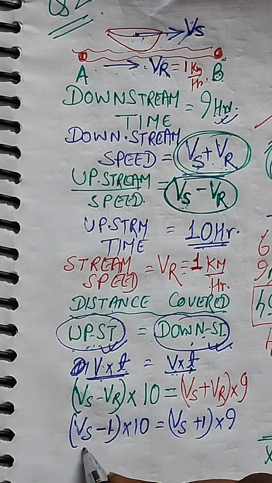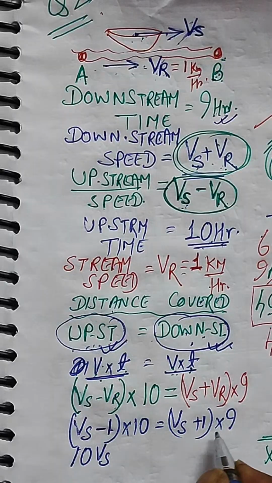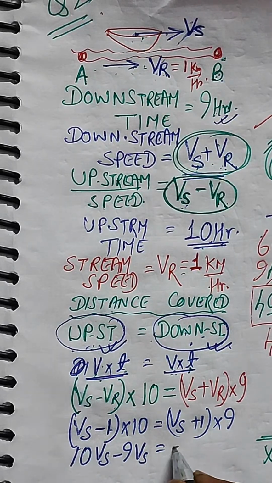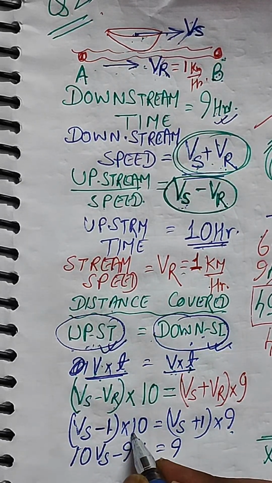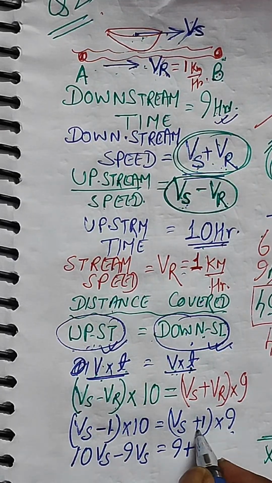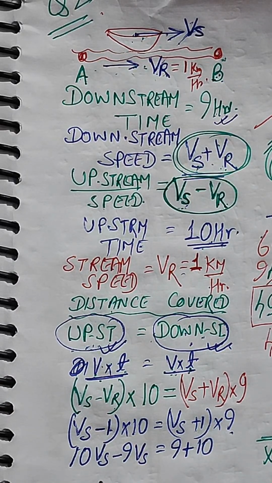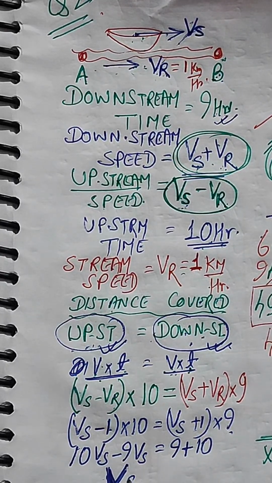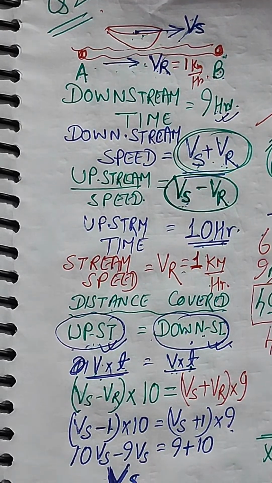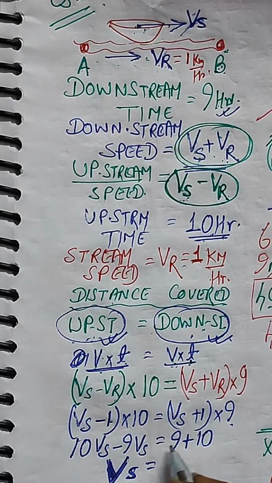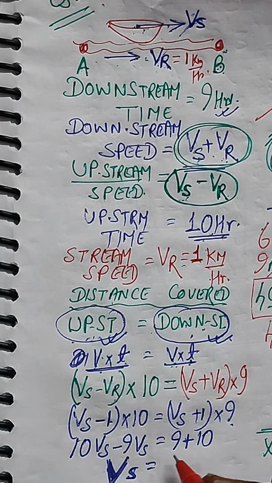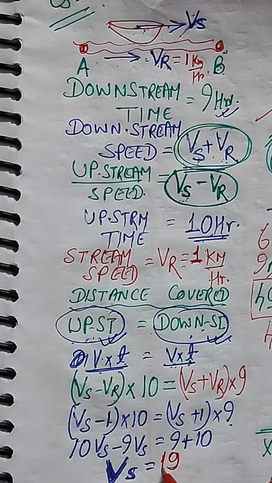So this gives you 10 Vs, and 9 Vs coming from the RHS, so minus 9 Vs, is equal to 9 into the RHS, and this minus 10 goes to the RHS as plus 10. So 10 Vs minus 9 Vs is Vs, and the value of Vs, the steamer speed, is calculated as 19.